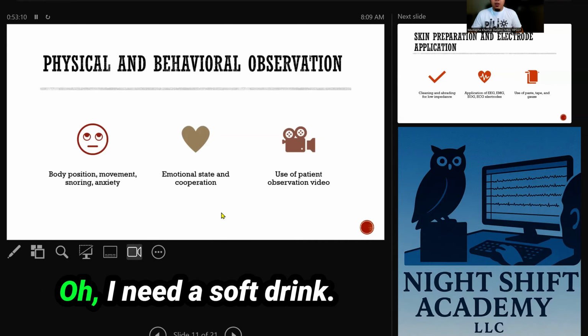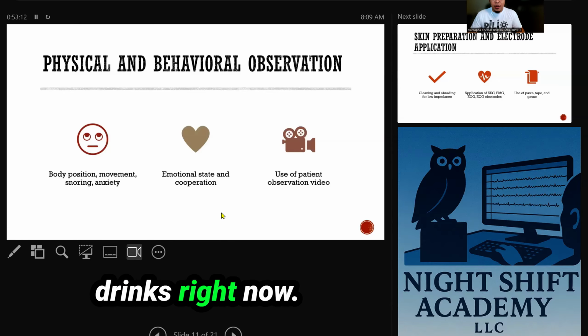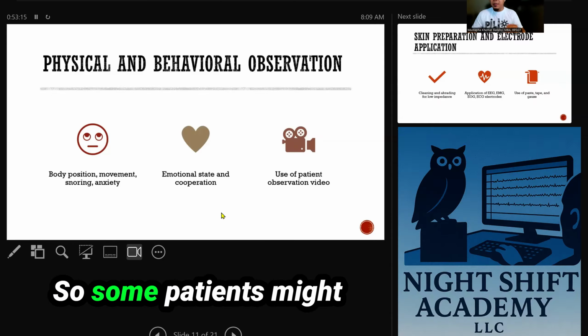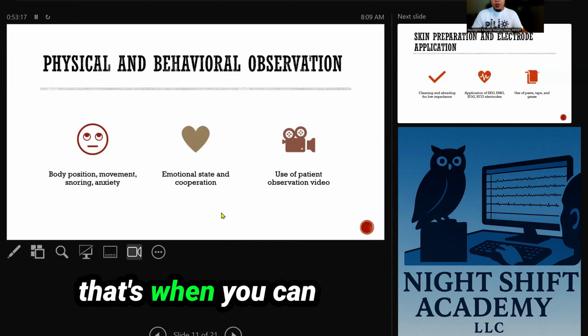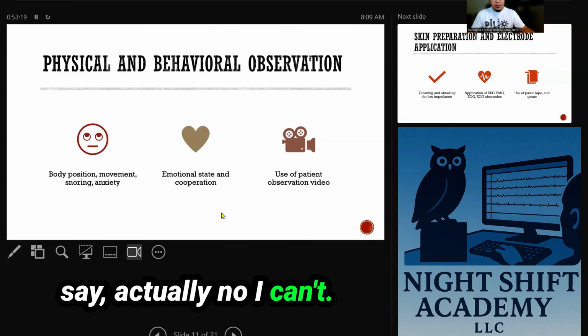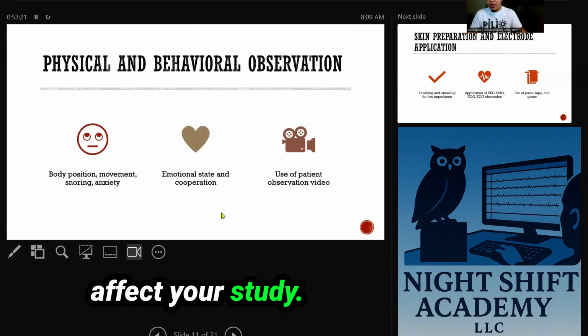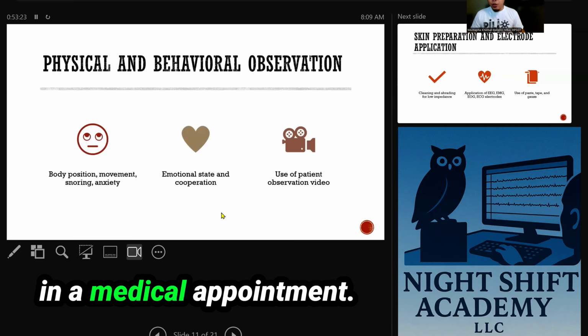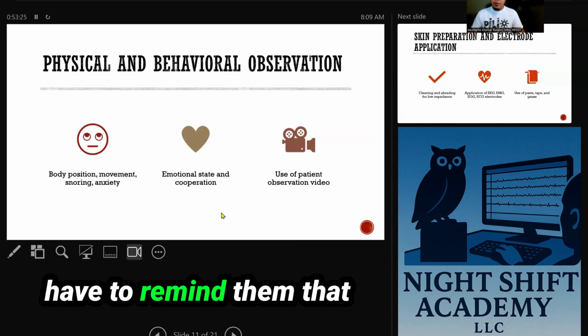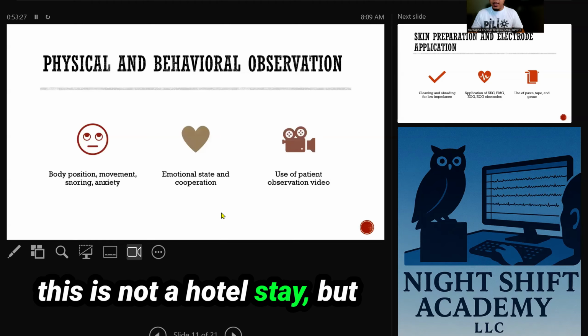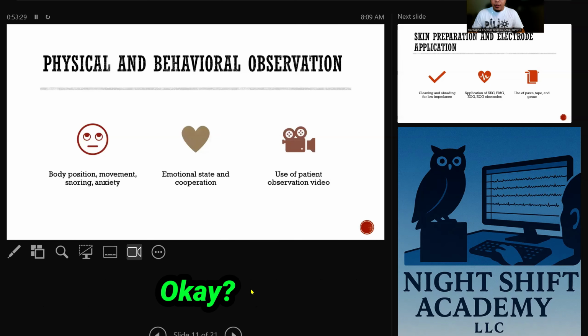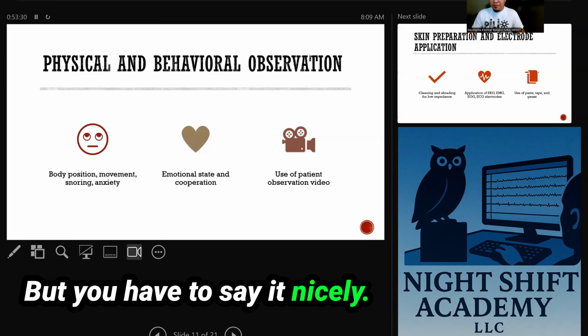It's already late at night. Oh, I need a soft drink. I always drink soft drinks right now. Go get me one. So some patients might do that to you. And that's when you can say, actually, no, I can't do that. And that will affect your study. Remember that they are in a medical appointment. Sometimes you have to remind them that this is not a hotel stay, but it's a medical appointment. Okay, but you have to say it nicely.